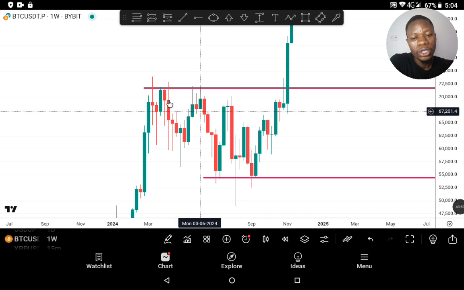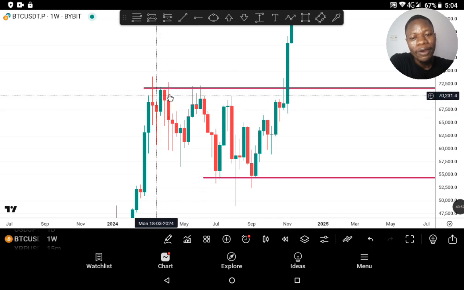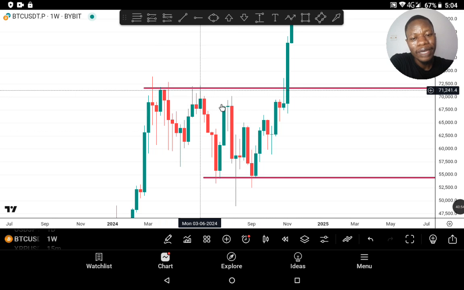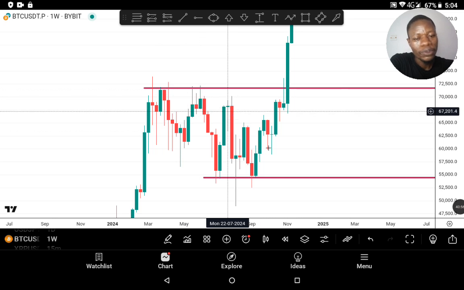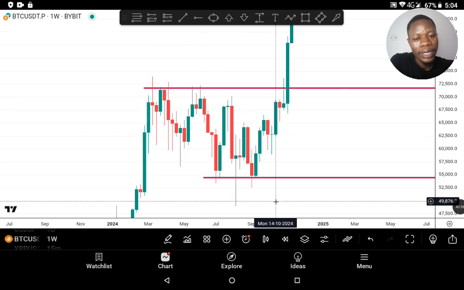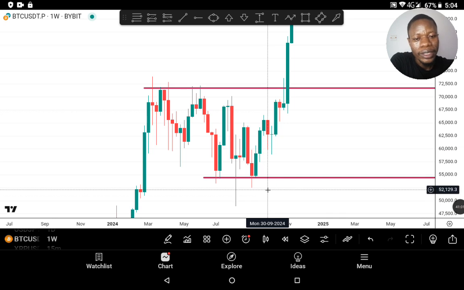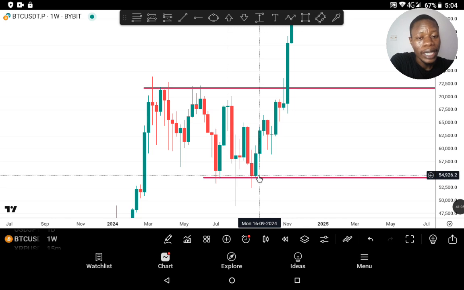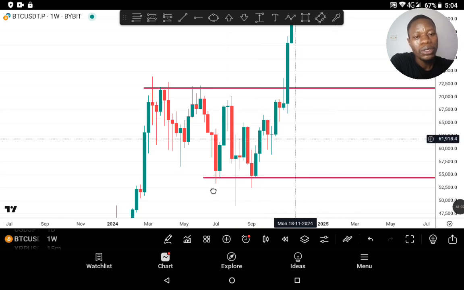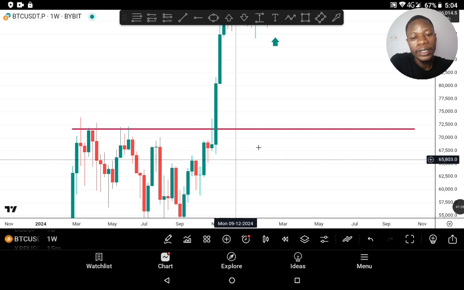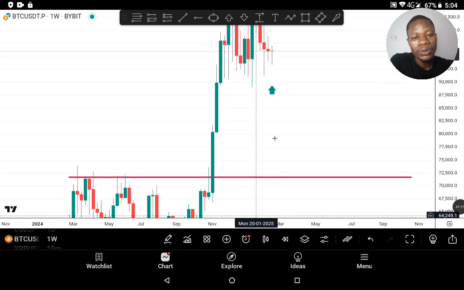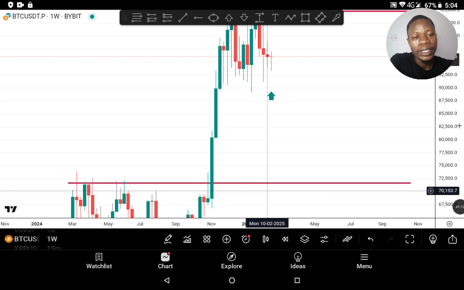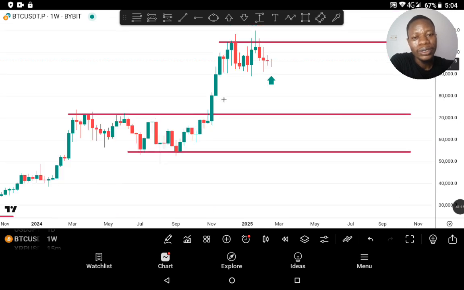The formations at this resistance level are not strong enough to push the market down. So what happened? The market, after creating this new low, which is a higher low, rallied up. So that's just how to apply the patterns on your chart.